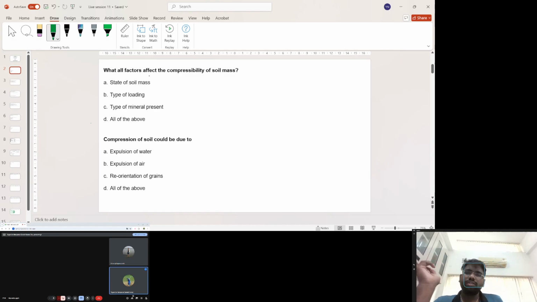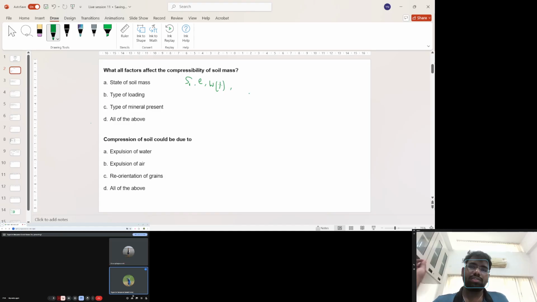Fine. So as you mentioned, state of soil mass is obviously saturation, void ratio, e, and water content. These are all the primary characteristics.